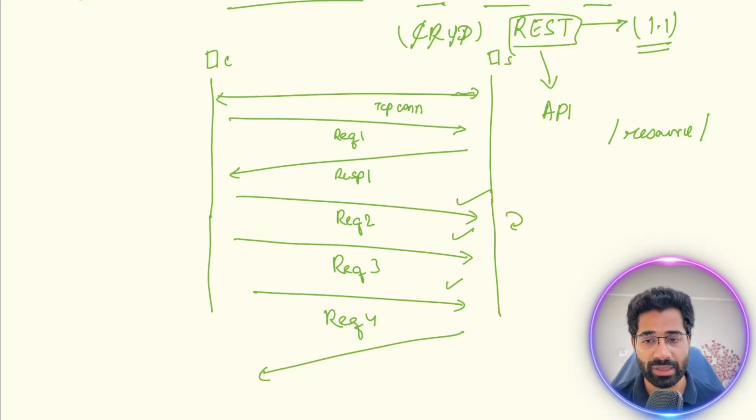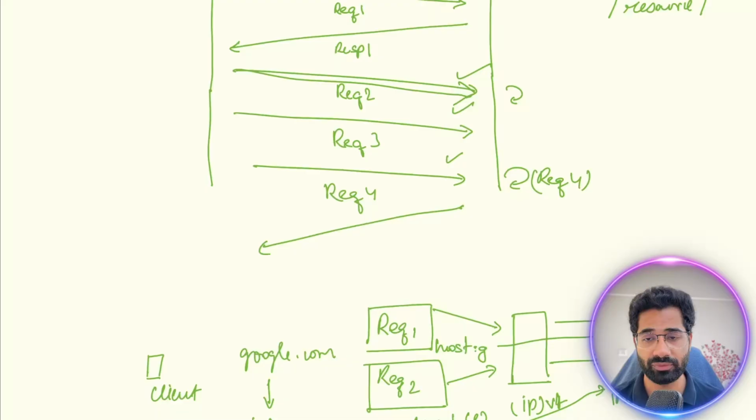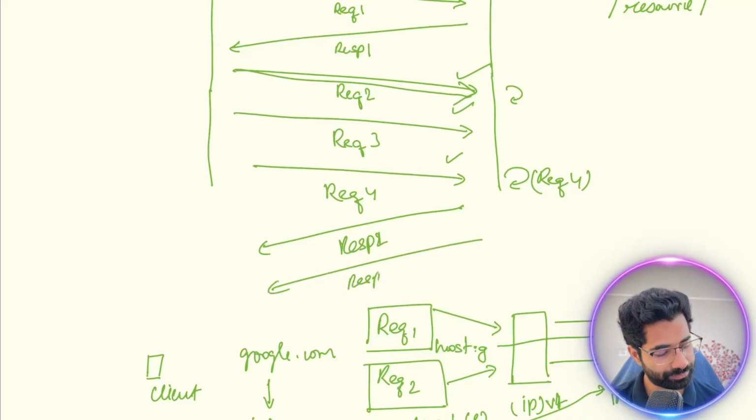Now what happens is, when the server tries to send the response, it has to send the response of the first request first. So let's say request 2 was made first. Although the server has generated the response of request 4, it cannot send it. First it has to send response 1, response 2, then response 3, and then response 4.